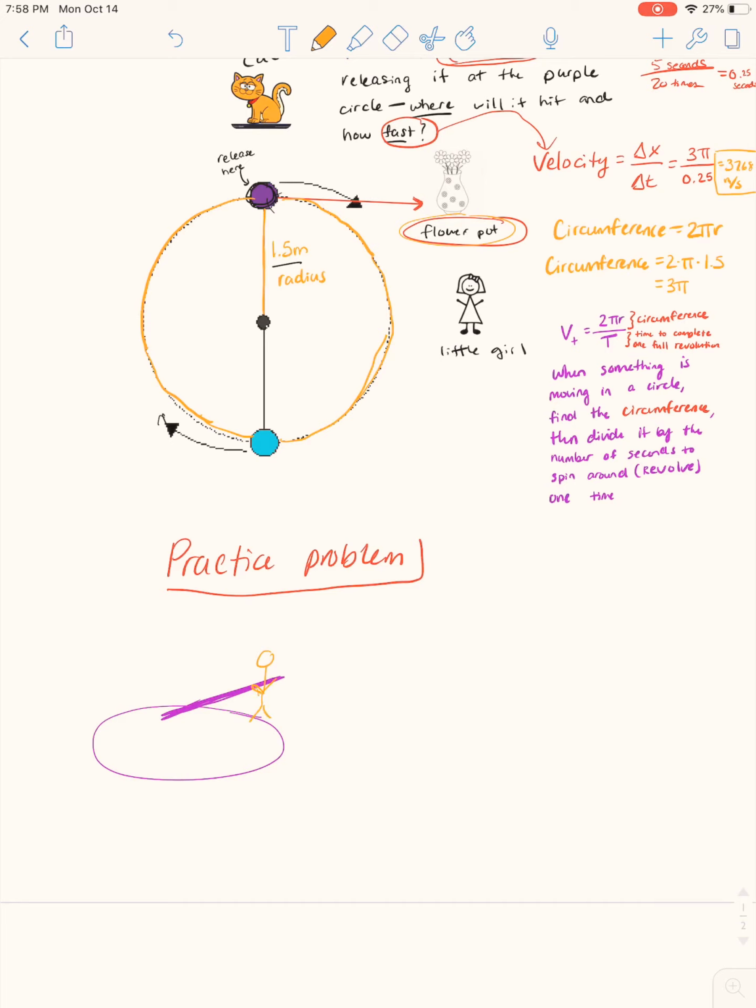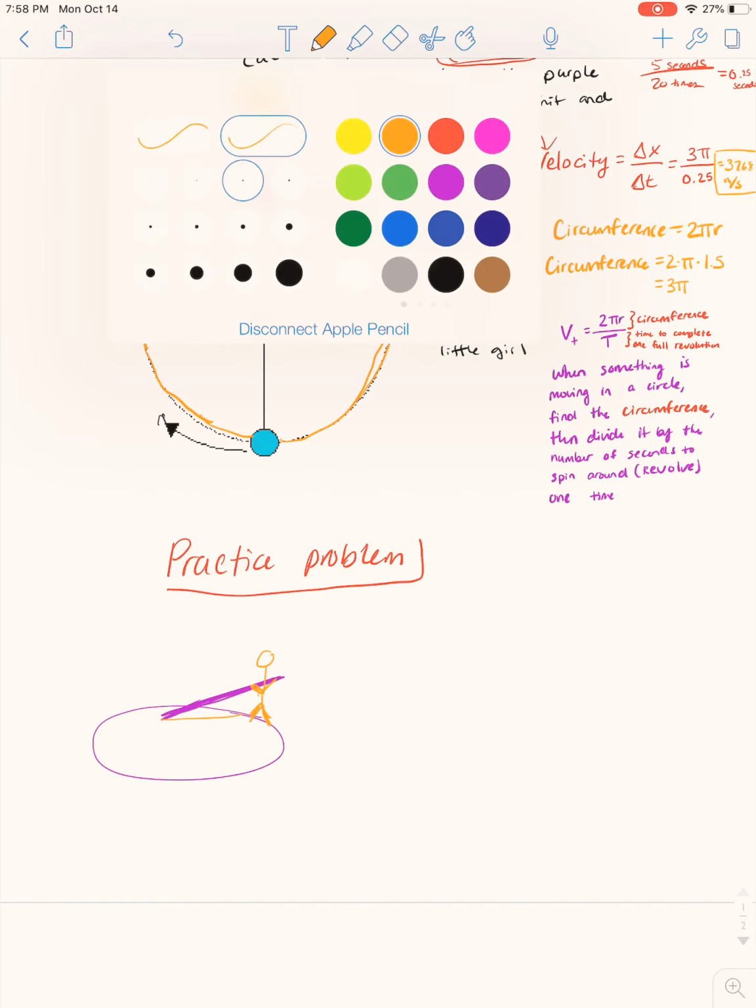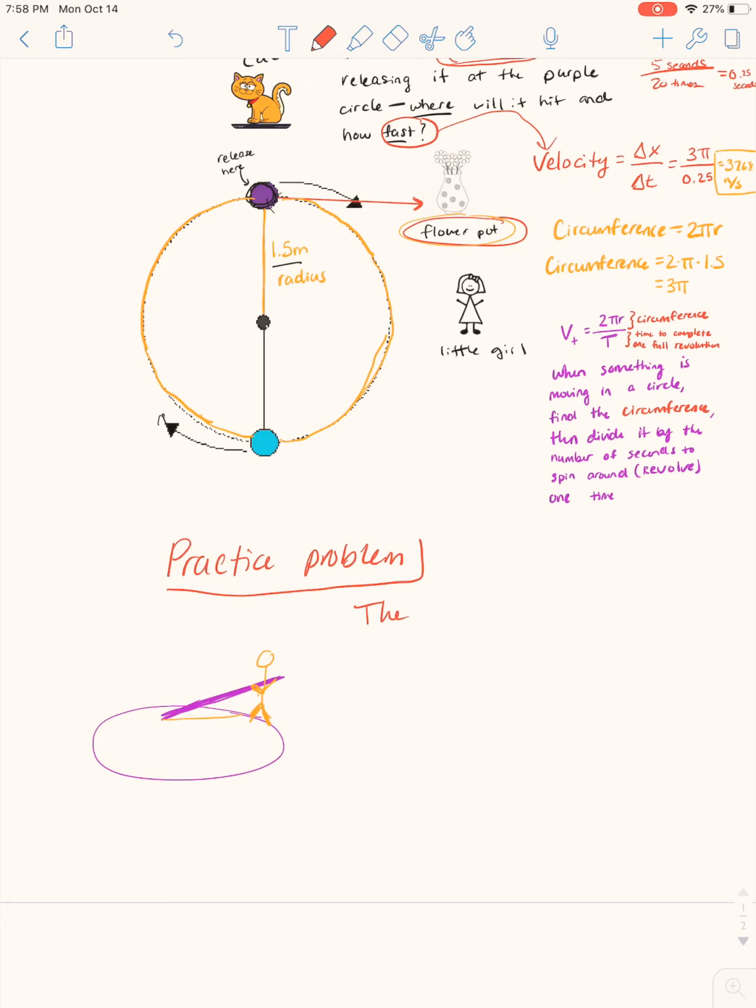This kid is spinning around. And the radius of the Ferris wheel is 8 meters. So this is 8, the radius.